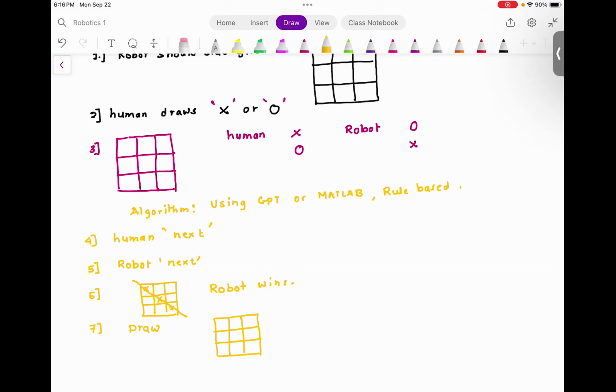And if it's a draw or inconclusive, then probably the robot can sign something like T on the side, to indicate it's a draw.